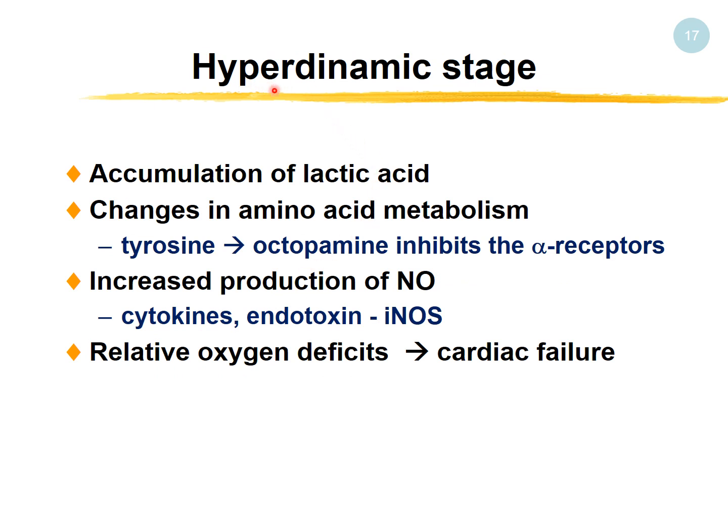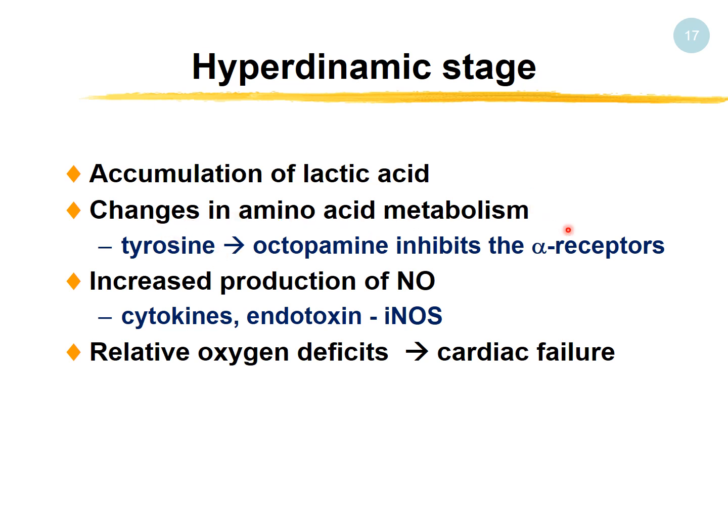Now, what will happen in the hyperdynamic stage? First of all, we do have the accumulation of lactic acid because there is no time. It's not enough to take the fluid to the periphery, but you have to have enough contact time to let the waste product be absorbed and the oxygen diffuse in. If the velocity is very fast, the contact time is very short, again, we do not have a normal perfusion in the periphery. And what will happen?